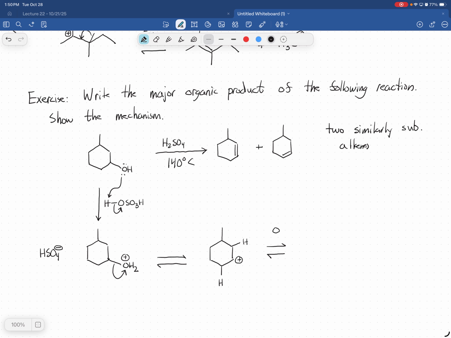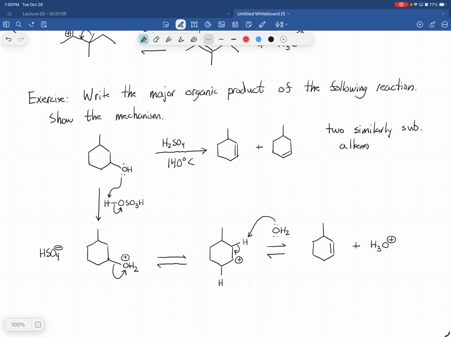So you want to draw one water molecule removing this hydrogen to give you this product. So I'll draw this product in black right here. So you have the double bond, one bond removed from the methyl group, plus the acid regenerated.